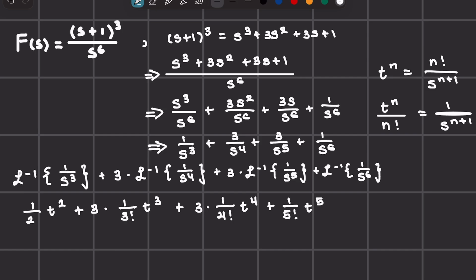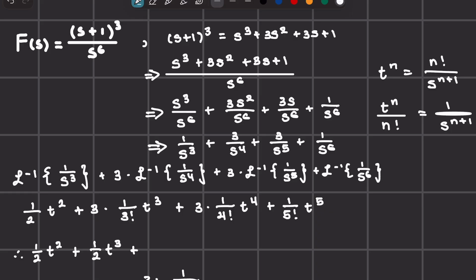And so simplifying our final answer here, we will get 1 over 2 t squared plus 3 times 1 over 3 factorial, or 1 over 6, which is just 1 over 2 t cubed, plus 3 times 1 over 4 factorial. 4 factorial is the same as saying 4 times 3 times 2 times 1, which is just 24.